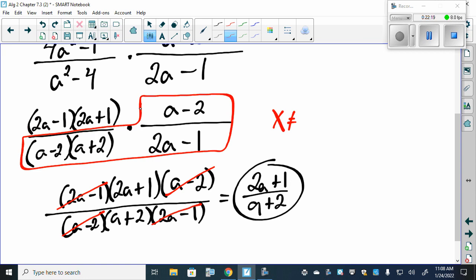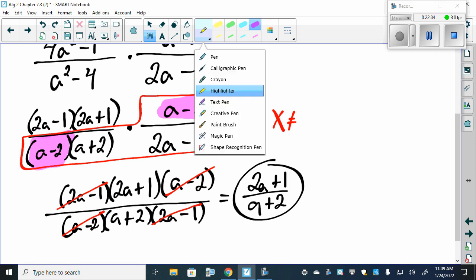And so when we look at this here, we can look at the a minus 2. Since it does appear twice, that's only going to need it once.